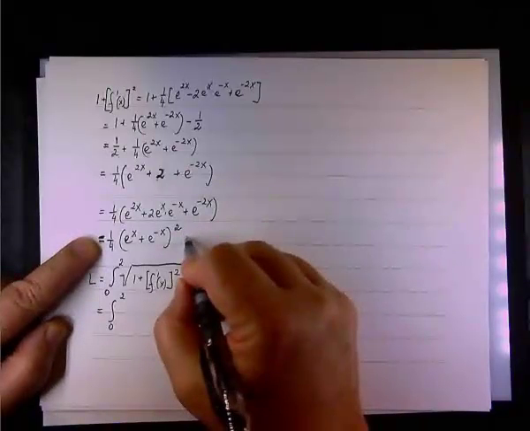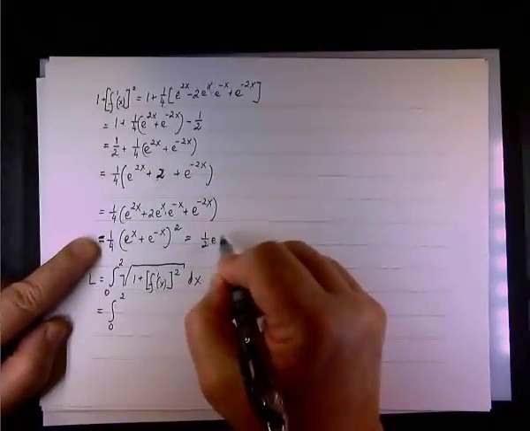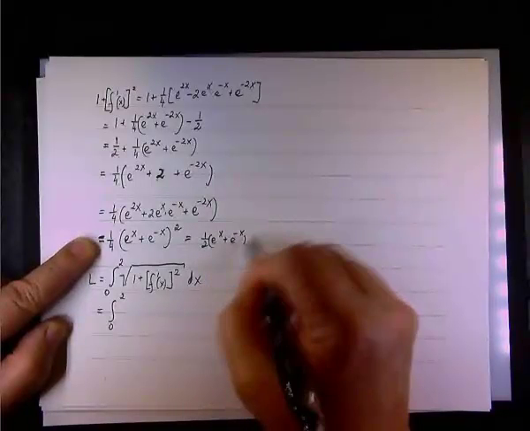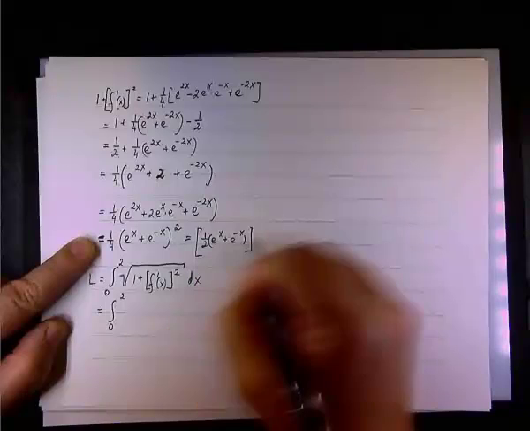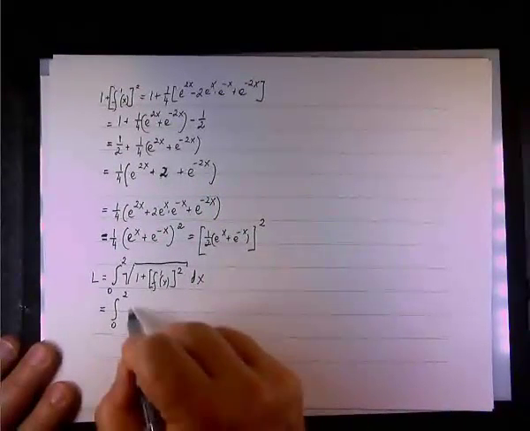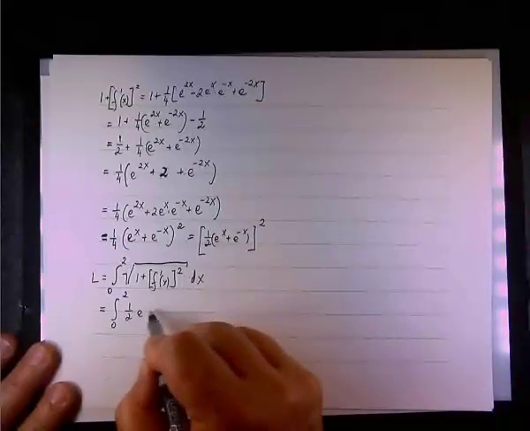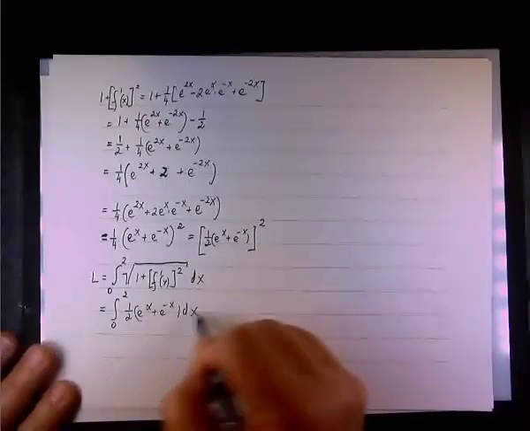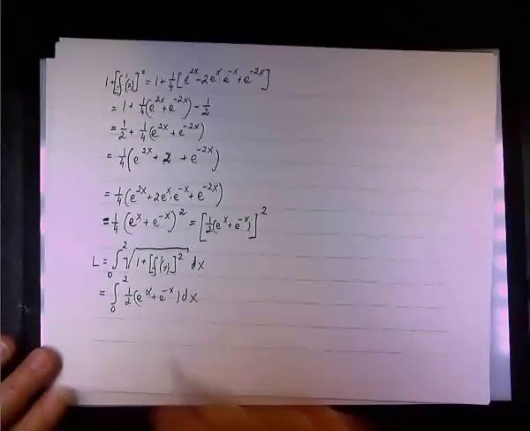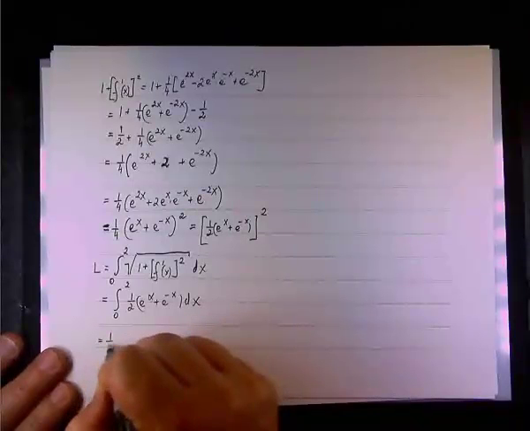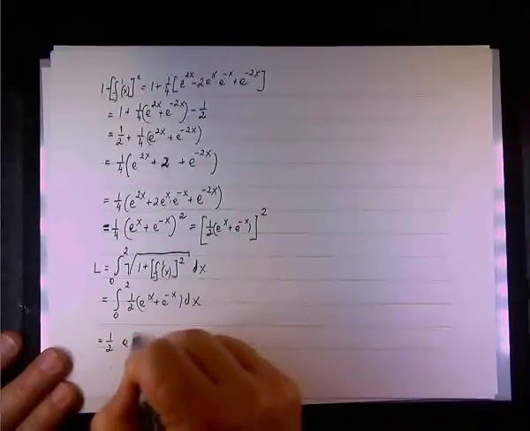Okay? So in our case, it will be the integral from 0 to 2 of the square root of this expression, right? This is 1/2 (e to the x plus e to the negative x), like so, squared. So it will be simply 1/2 (e to the x plus e to the negative x) dx.